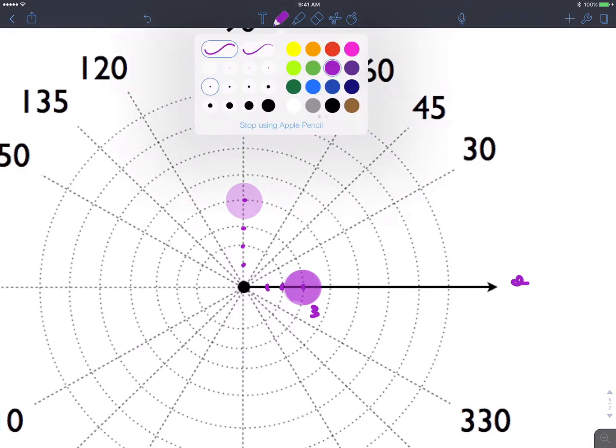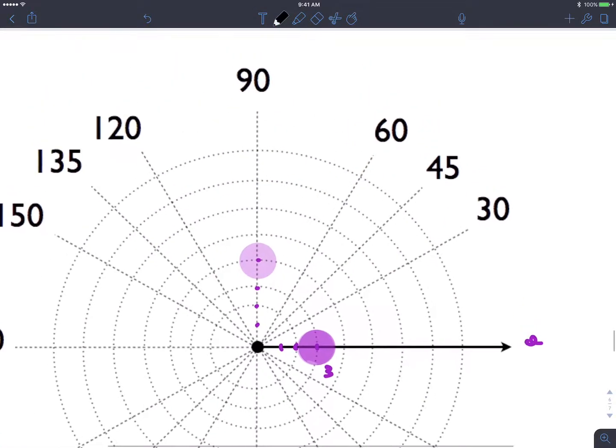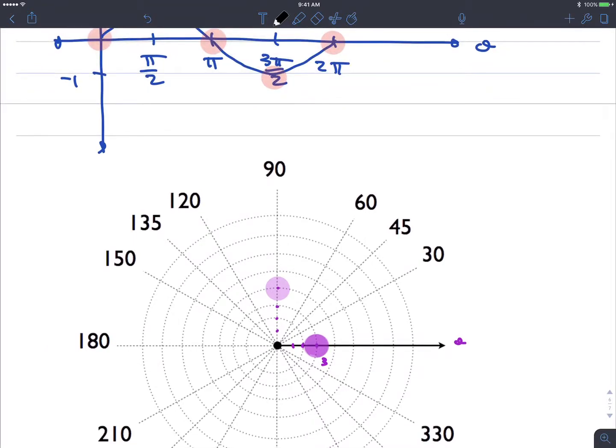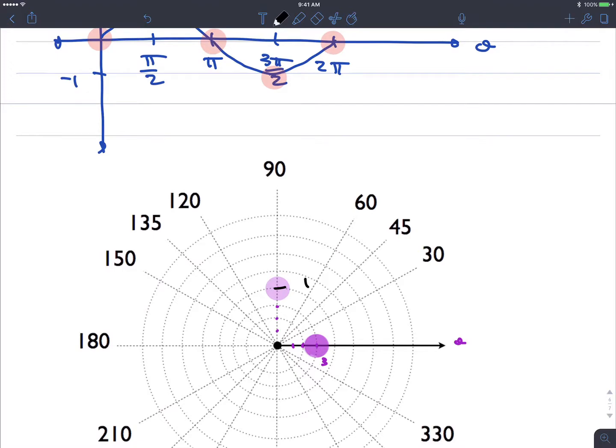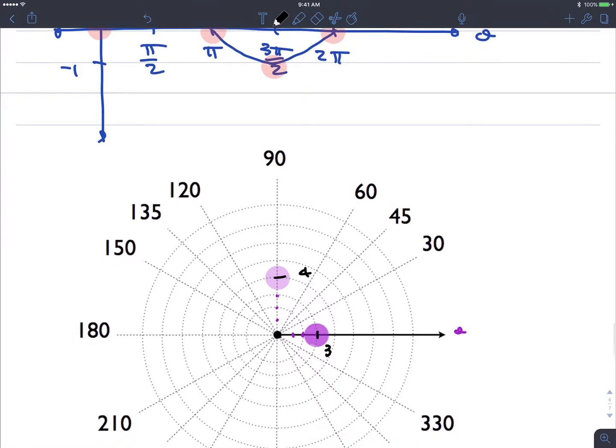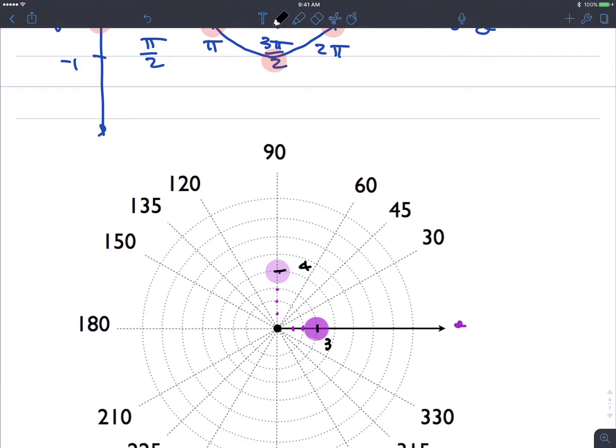So how did my radius behave? I went from 3 to 4. Let's label this here as 3. So my radius went from 3 to 4, so I'm getting larger in that first quadrant.